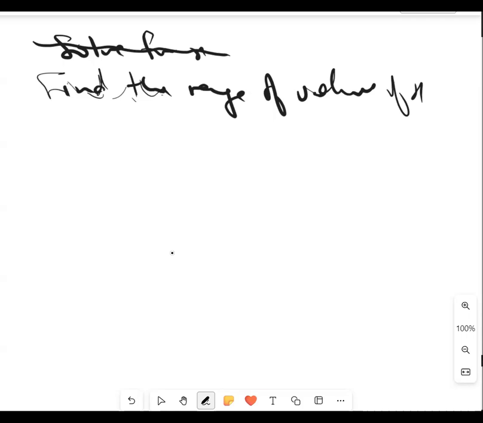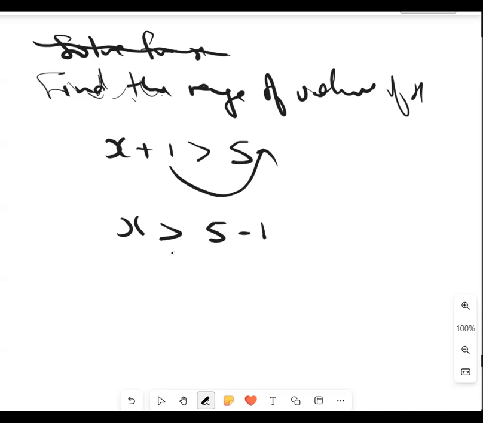So let's say you have x plus 1 is greater than 5. We solve it just like you would solve the equation. Take the 1 over. So x is greater than 5 minus 1. x is greater than 4. That's it.